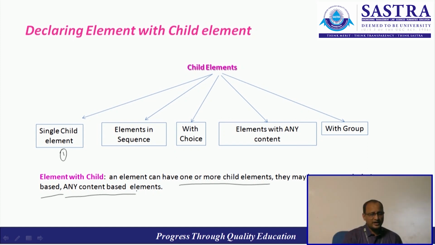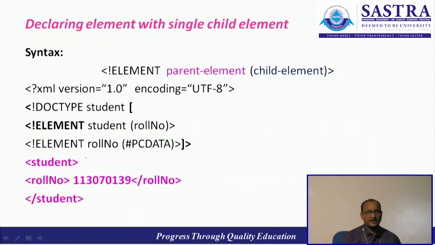The first one we have is the single child element. How to define an element to carry a child element? In this example, this is the syntax: exclamation, element, space. This is the element, that is the parent element, going to have a child element.